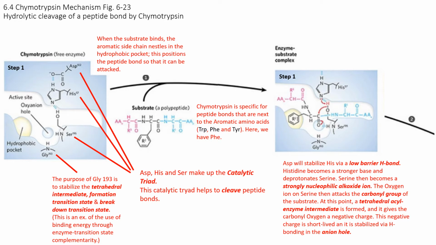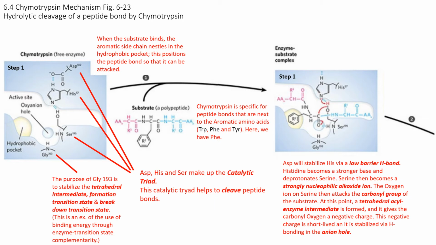It's also important to note that chymotrypsin is specific for peptide bonds that are next to the aromatic amino acids, like tryptophan, phenylalanine, and tyrosine. Here we have phenylalanine right here. And this is the backbone of the polypeptide that serves as the substrate.